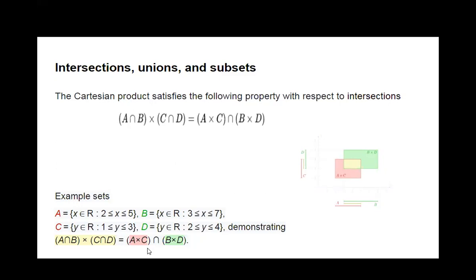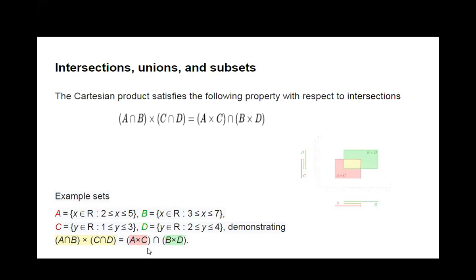Now we want to identify A intersection B. A intersection B is the yellow line we can see. And C intersection D is the yellow line given here, vertical, at the y coordinate. So the cross product of A intersection B and C intersection D again comes the same, meaning the LHS of our equation.